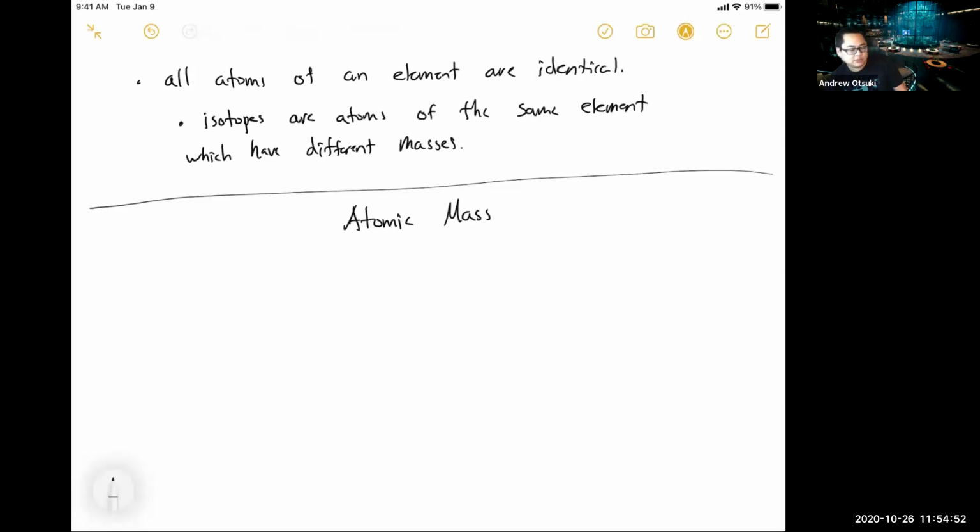If you're studying particles, if you're studying physics, that is more appropriate. But here we talk about the AMU, or atomic mass unit. It is denoted by u or AMU, one of the two, doesn't matter. It's 1/12 the mass of an atom of carbon-12.